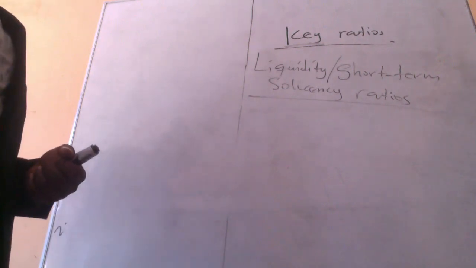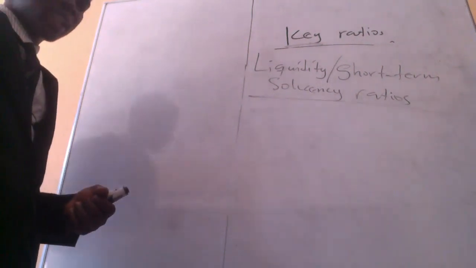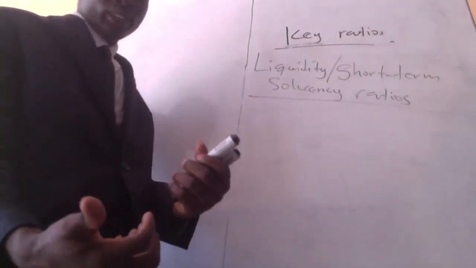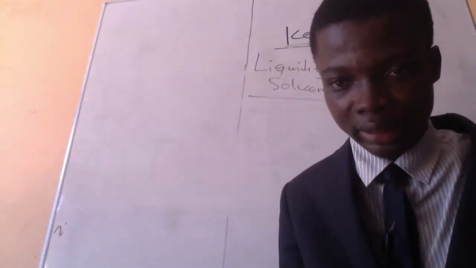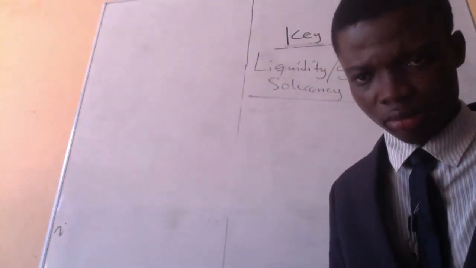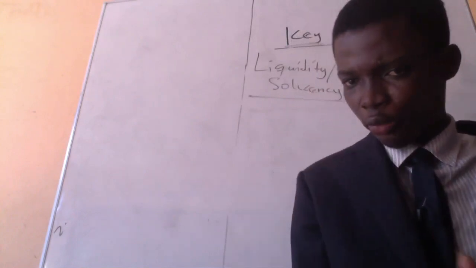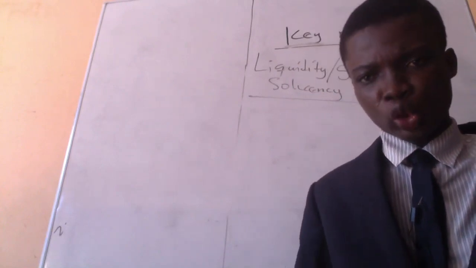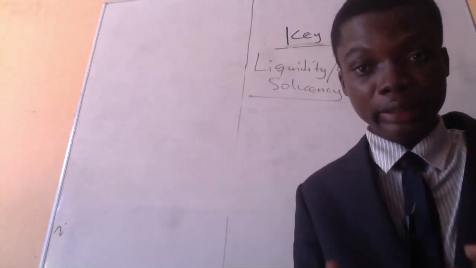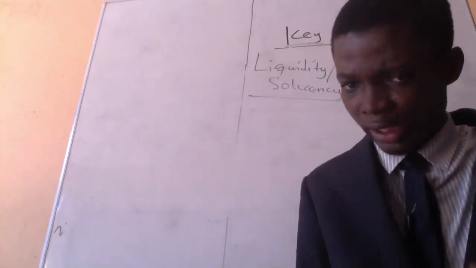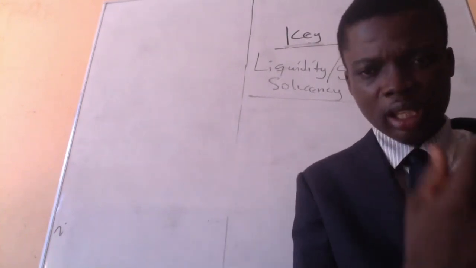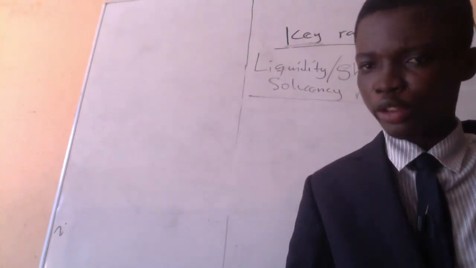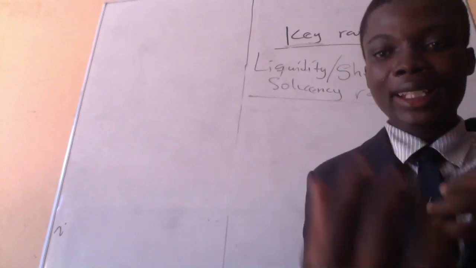The liquidity ratio or short-term solvency ratio measures the organization's ability to generate enough cash resources or current assets to combat its current liabilities. Basically, it measures the creditworthiness of the organization, the ability to pay off its present obligations, or current liabilities, as and when they fall due.